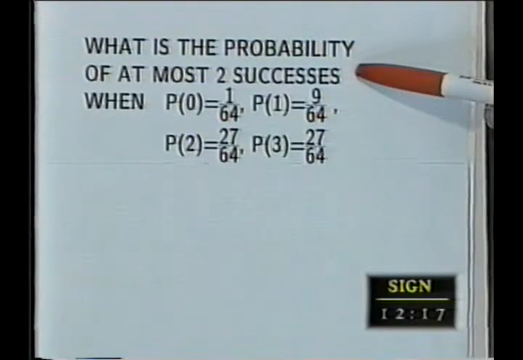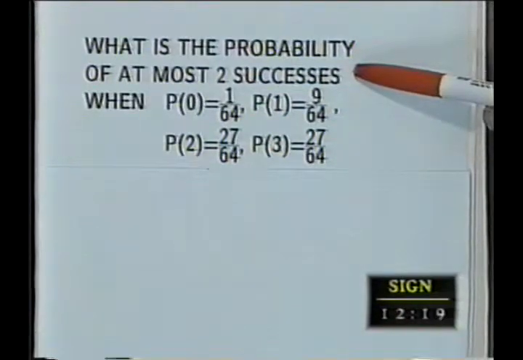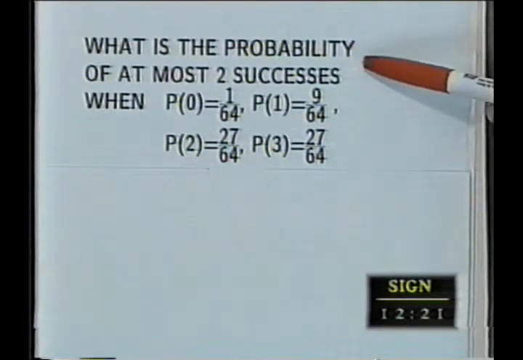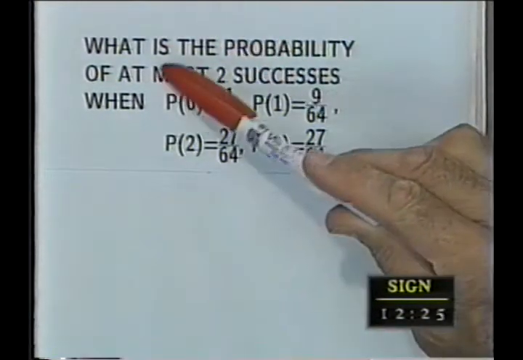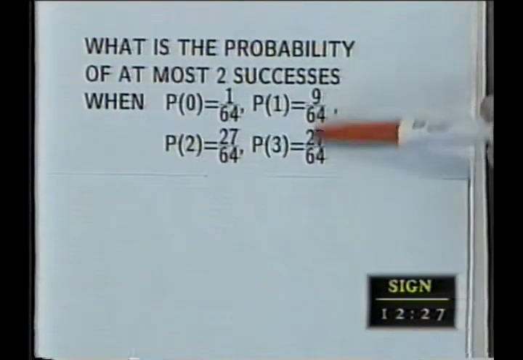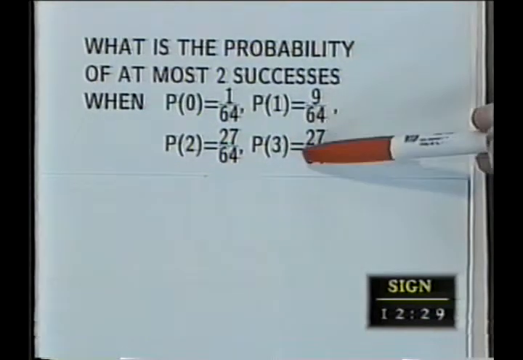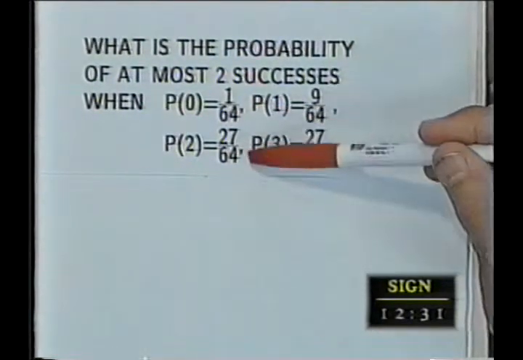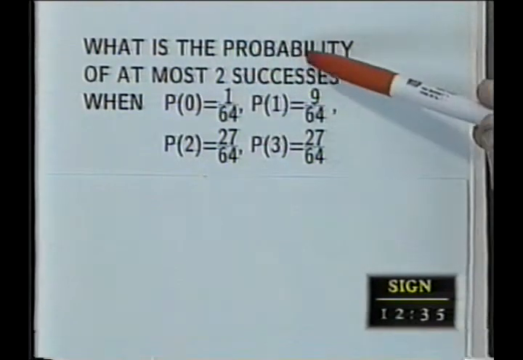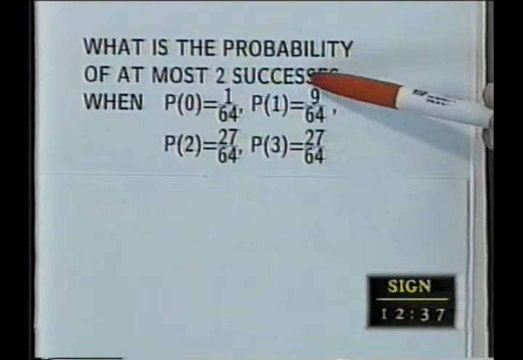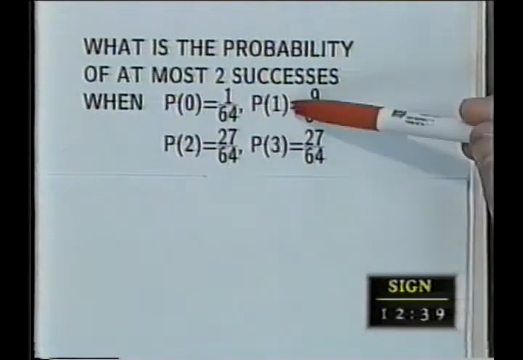Remember these probabilities from last lecture? Here they come back, just as an example. Let's say we're in this situation where n is 2 and p is 3/4. Here's the probability of 0, 1, 2, 3. And someone says, what is the probability of at most 2 successes? Now, that's not this, or this.